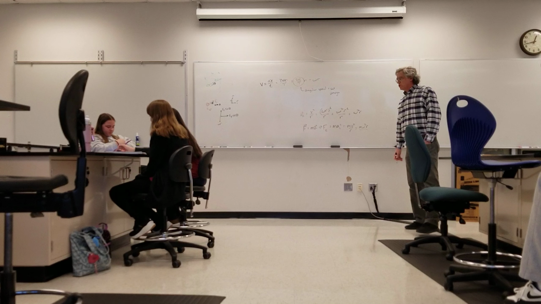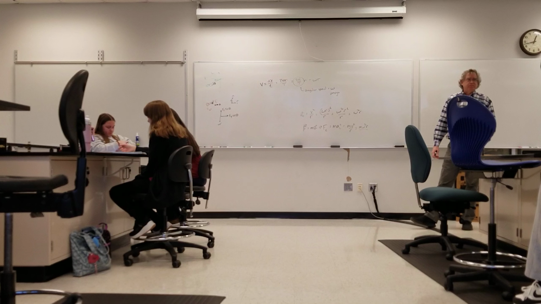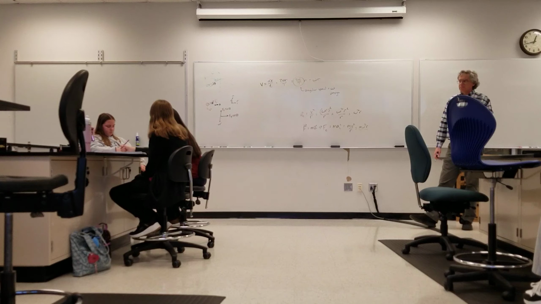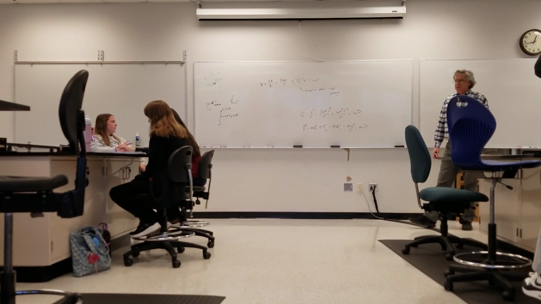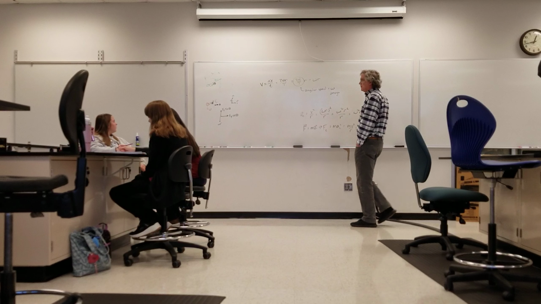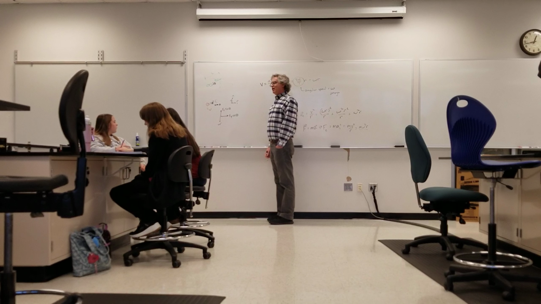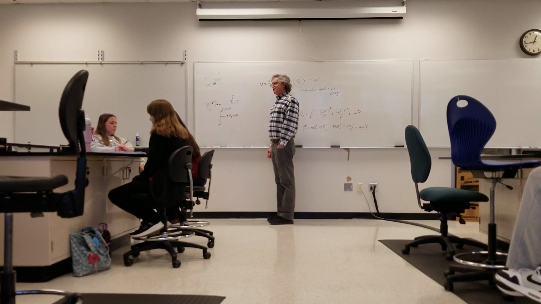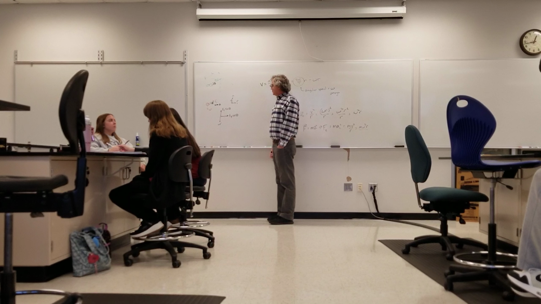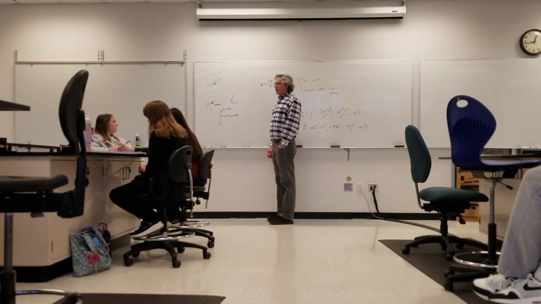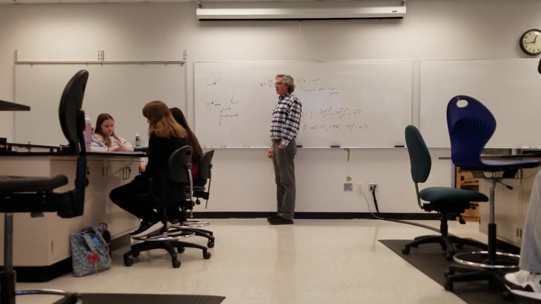Equations of motion. How many equations of motion will there be? 3. How do you get 3? You have the tension, j hat, i hat, and then the weight is down. Is the weight parallel or anti-parallel to i hat or j hat?